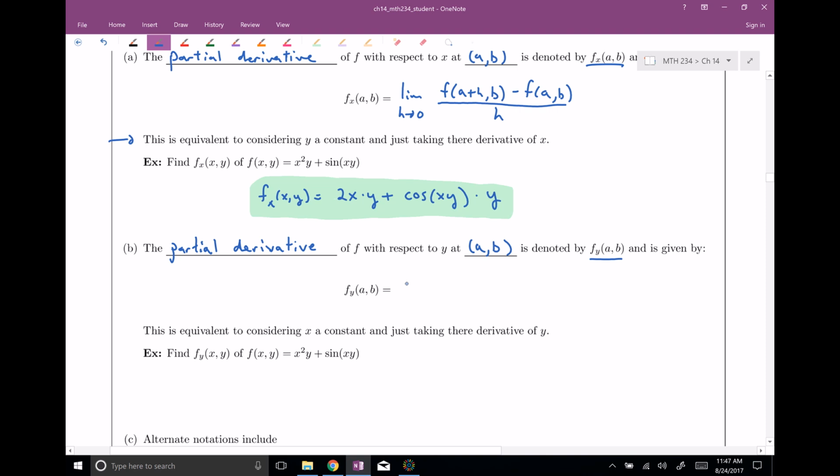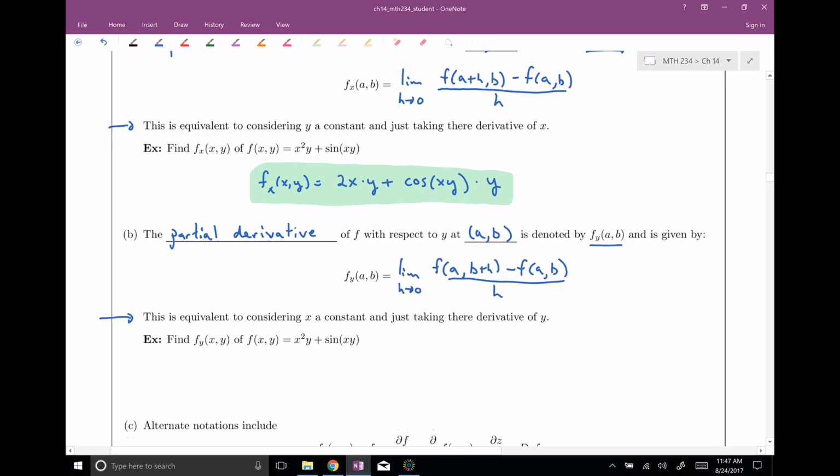This is the limit as h goes to 0, and now the h is in the y coordinate. So it's going to be f(a, b+h) minus f(a, b), divided by h. And again, there's a fast way to do these things. It's equivalent to just considering x a constant and taking the derivative with respect to y.